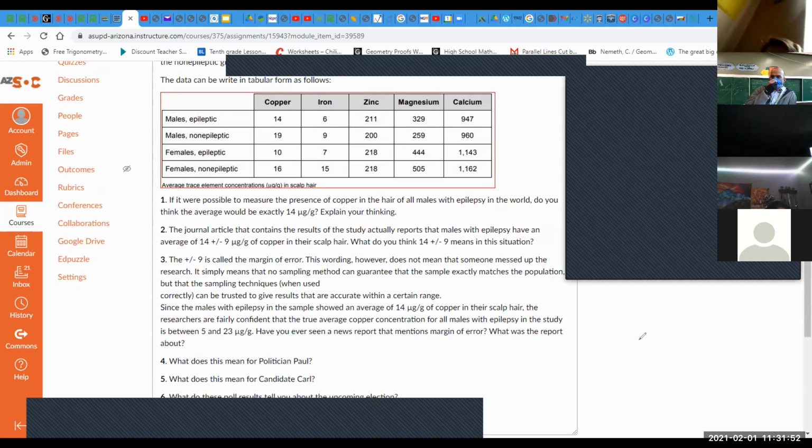Yes, that is a question that is not related to some kind of calculation. That is related to your real world connections. Have you ever seen or heard this word margin of error? If you have noticed something related to margin of error, what was the report about?